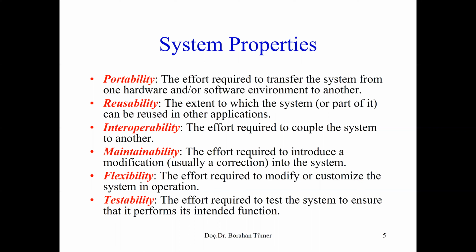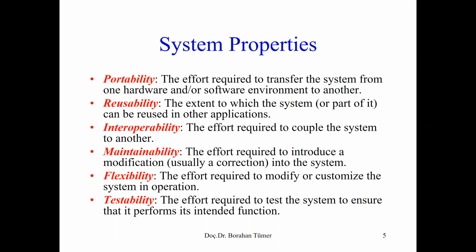Well, here, maintainability is a system property that you have learned before. We have discussed its definition before. It is the effort required to introduce a modification into the system, and this modification is usually a correction of the system.